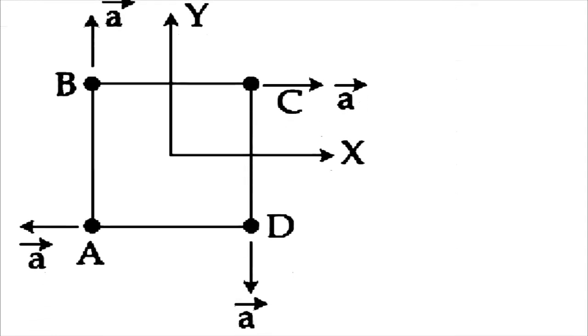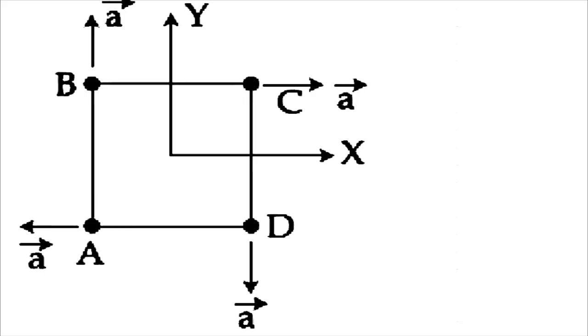So you can see the diagram is this. You can also see the acceleration direction, right? The direction of acceleration of A is towards left and B is upward and so on, right?